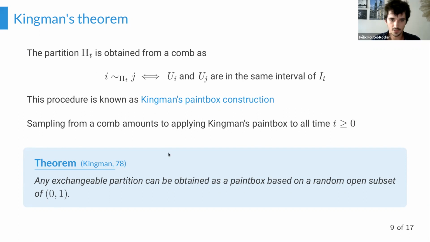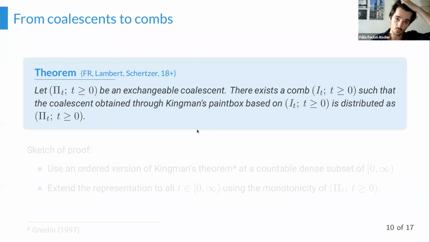And now it's not that hard to derive our first result, which is the equivalent of Kingman's theorem, but for coalescents. So now if you give me an exchangeable coalescent, I can always find a comb such that sampling from the comb through Kingman's construction leads to the original coalescent. And the proof is not very hard.